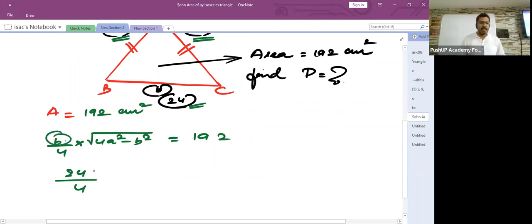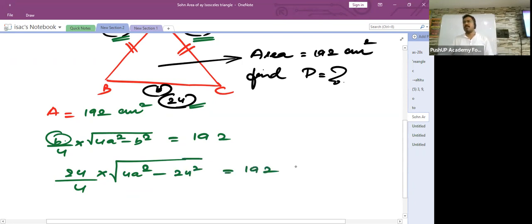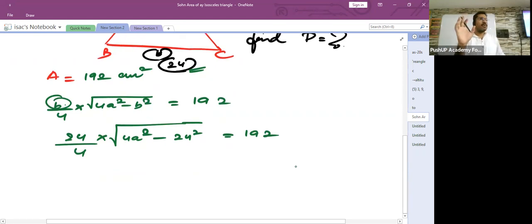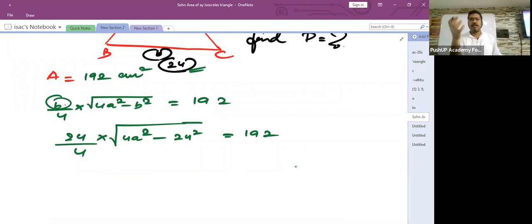I can replace it. So 24 by 4 into square root of 4a square minus b square becomes 24 square, which is equal to 192. Did you all follow? In the left hand side of the equation, wherever I found b, wherever I found base, I replaced it with its value, which is 24.